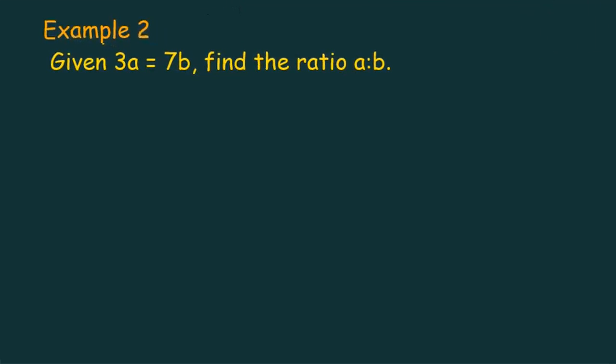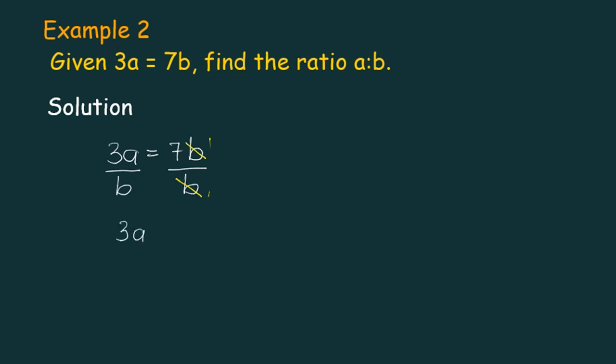Alright, so if we go on to our solution, we'll be having 3a is equal to 7b, and to find that ratio, what I'm going to do first is divide both sides by b. If I divide both sides by b, you know that these b's will cancel out, so that we'll be having 3a over b is equal to 7. And next I divide both sides by 3, because I want to be left with a over b.